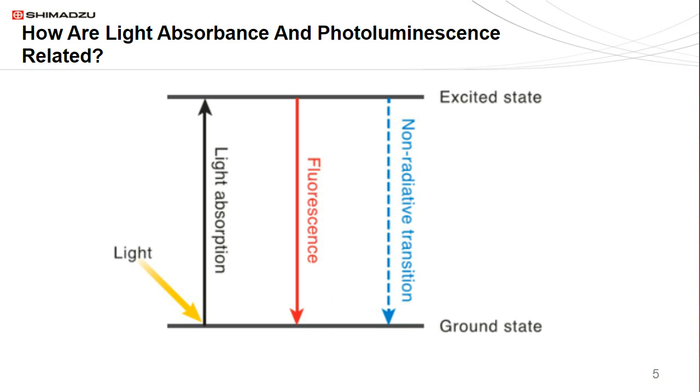Like all good things that go up, eventually it has to come back down. And the electron can come back down from the excited state to the ground state and release that energy in two ways. It can release it as photoluminescence, either fluorescence or phosphorescence, or it can jiggle the molecule around and create molecular motion and release that energy as heat.